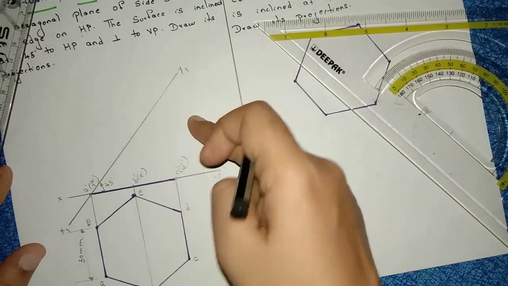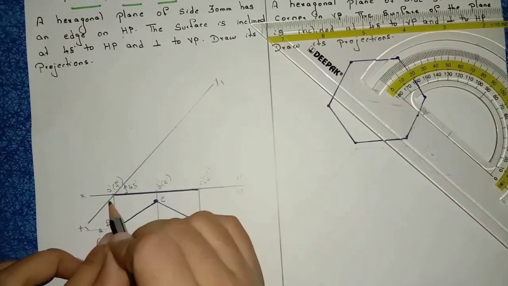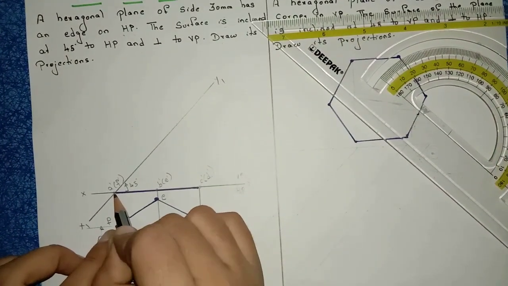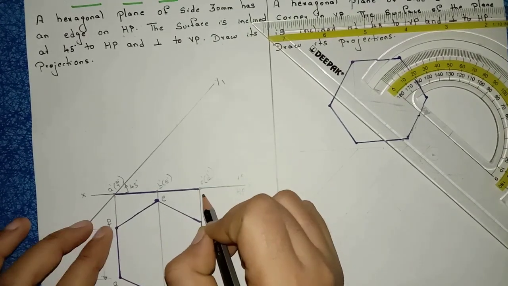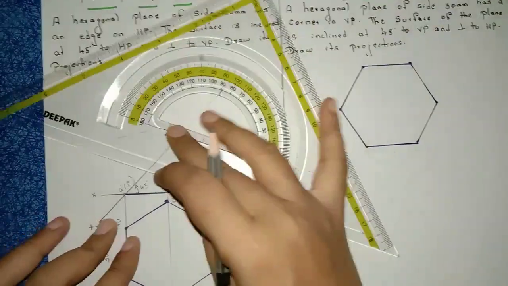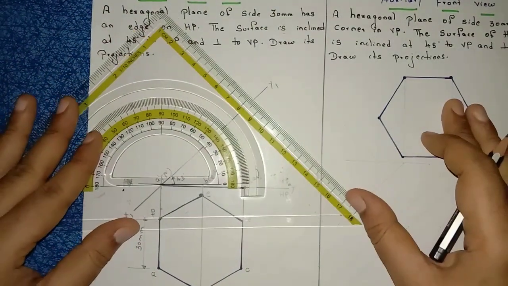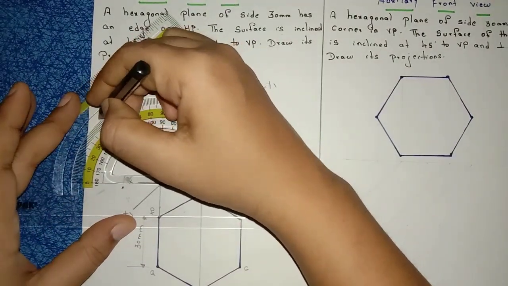To HP, no? So that's why I am constructing here. Right? Now after that, from every corner, from A dash, from B dash, from C dash, from every corner, you should mark a 45 degrees angle. Right? So place your protractor on the reference line. Mark 45 degrees.